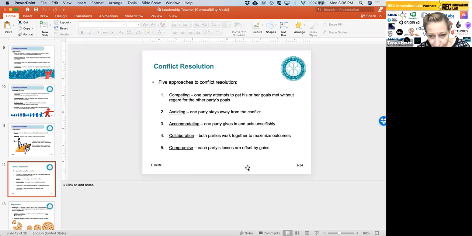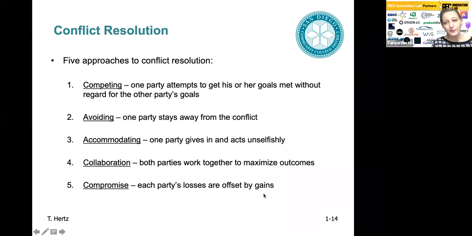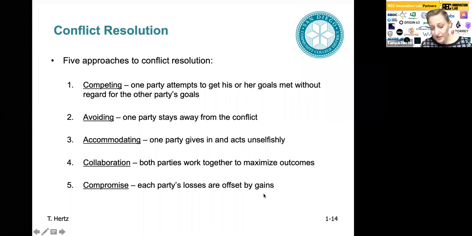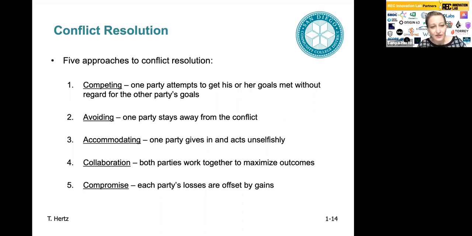So conflict resolution is just our ability as leaders to deal with uncomfortable, unpleasant situations as they arise, or basically conflict.